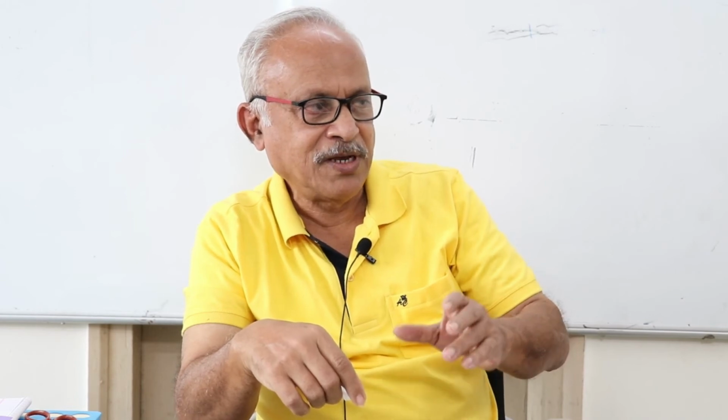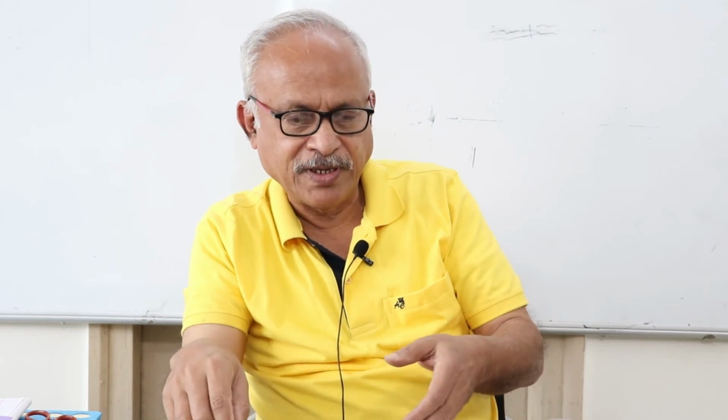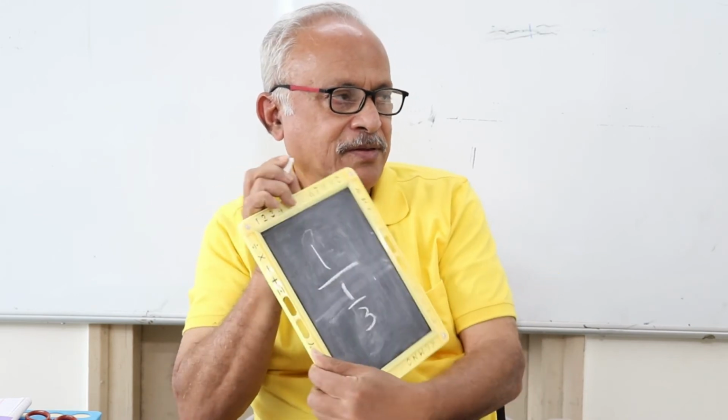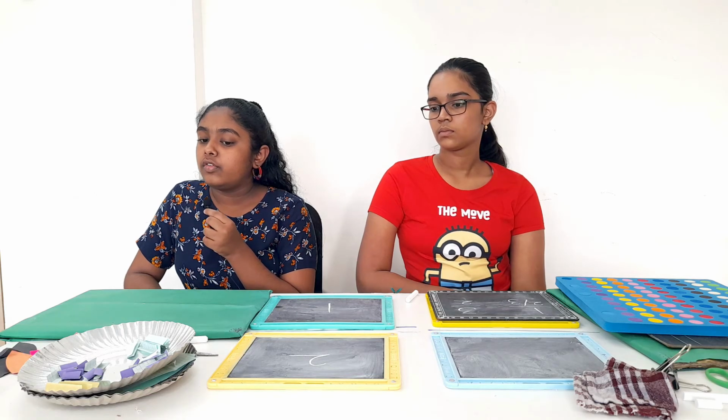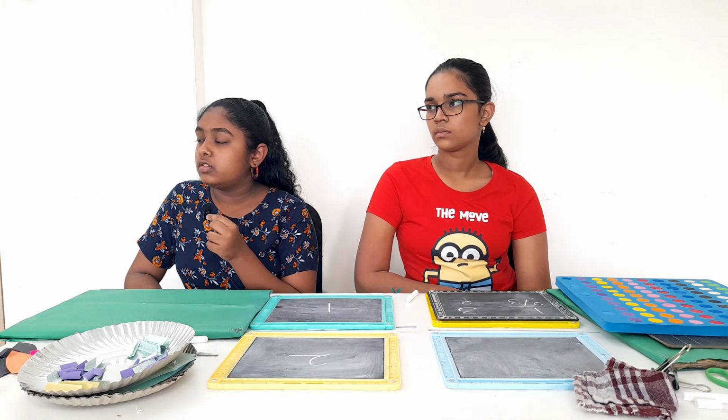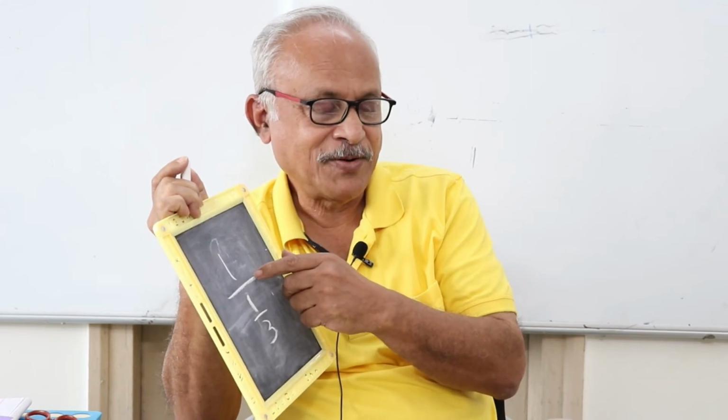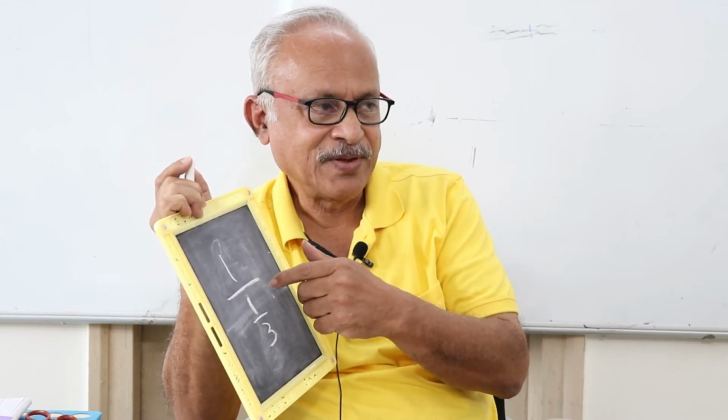Right? So earlier, remember we saw 1 divided by 1 by 3 was? Remember, we did the problem 1 divided by 1 upon 3. 3 by 1. Remember, we just did this earlier.